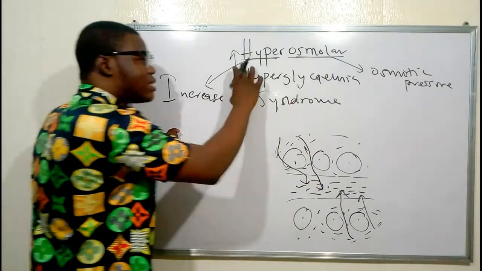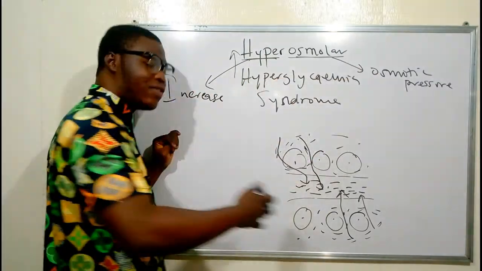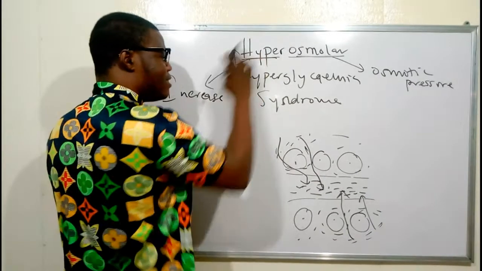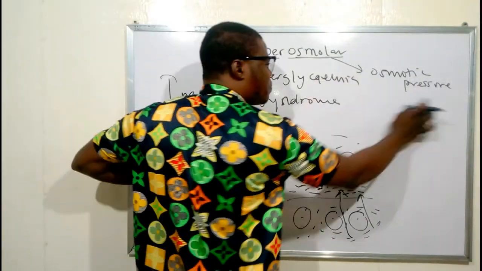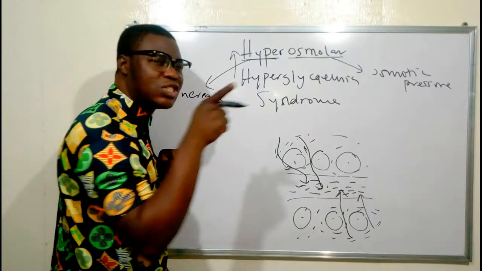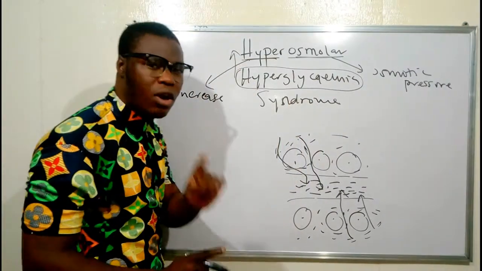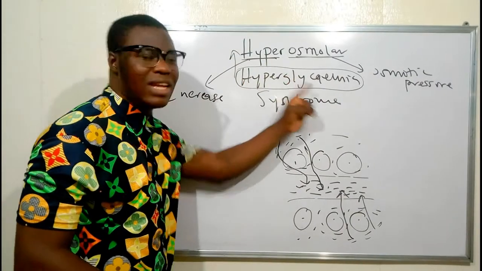But what is the meaning of hyperglycemia? It means increased level of what? Of glucose. We've known that. So this increase in osmotic pressure is as a result of hyperglycemia, as a result of increased glucose level in the blood.